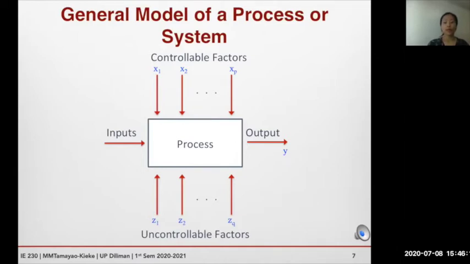Some of the process variables and material properties are controllable, which are denoted here as the X variables, while some are uncontrollable, which are denoted here as the Z variables. These uncontrollable variables, however, can be controlled for the purpose of the experiment.